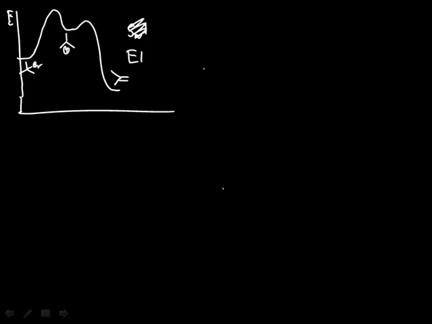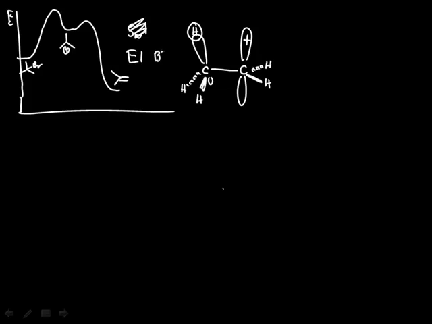In terms of our orbital picture, what we see is that this neighboring sp3 hybridized carbon is already stabilizing a cationic center through hyperconjugation.